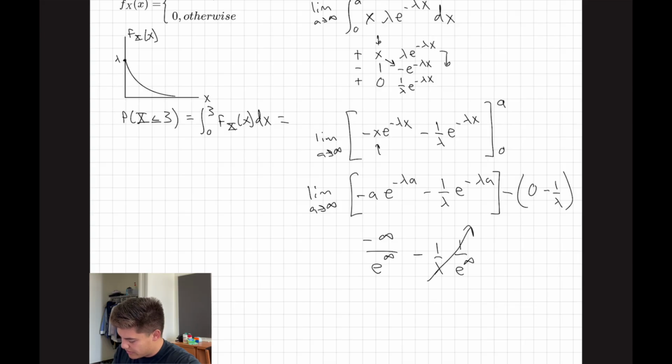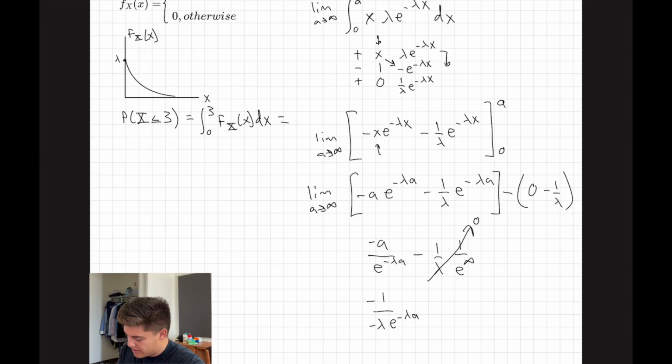This term we know goes to 0, but this term is like infinity over infinity, which is an indeterminate form, so we need to take the derivative of top and bottom. So it's negative a over e^(lambda a). Taking the derivative on top and bottom, we get negative 1 over lambda e^(lambda a).